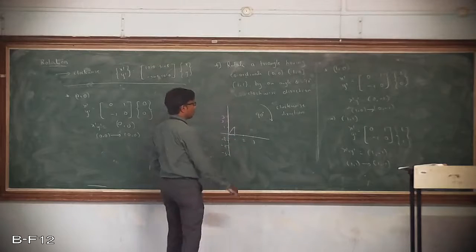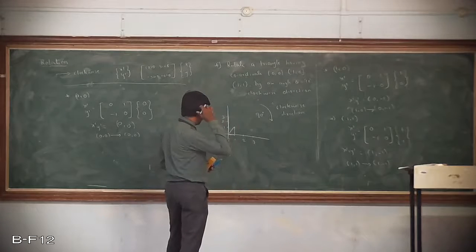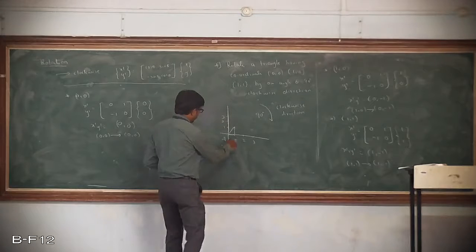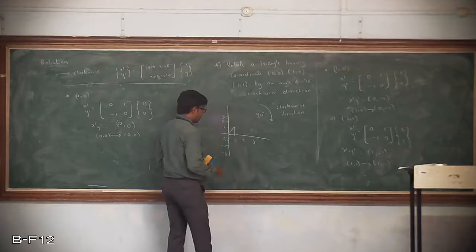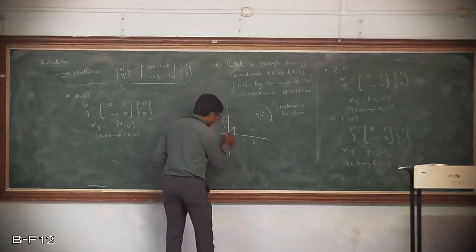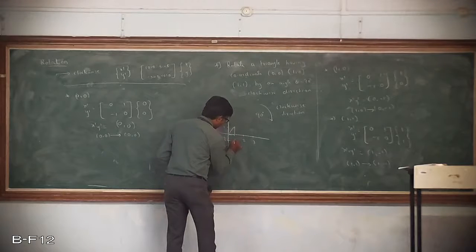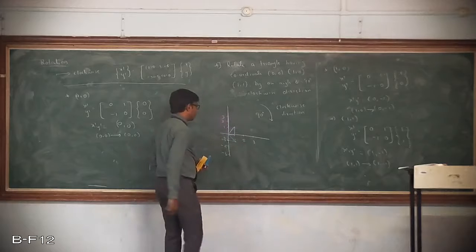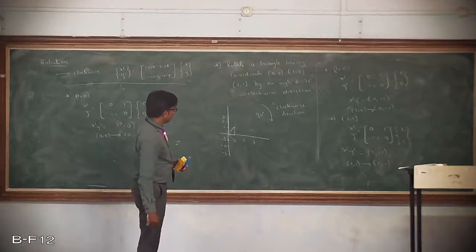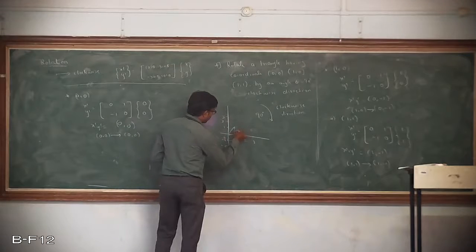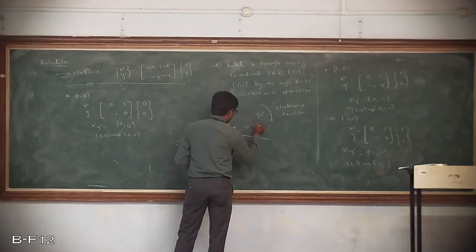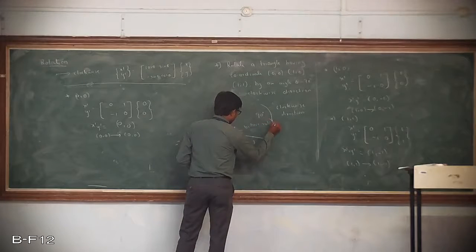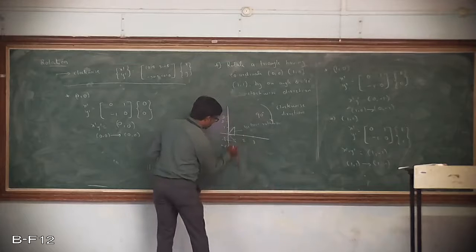The third will be 1 minus 1. So here 1 is there and here minus 1 is there. You will be getting this point. So the triangle looks like this. This is the before rotation, and this looks after rotation.